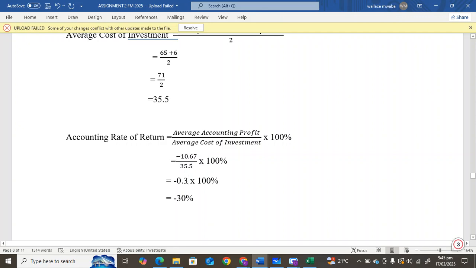Let's see if there are other decimals after that. It's 0.30056, so we just leave it at 0.3. Then multiplied by 100%, we get negative 30%.